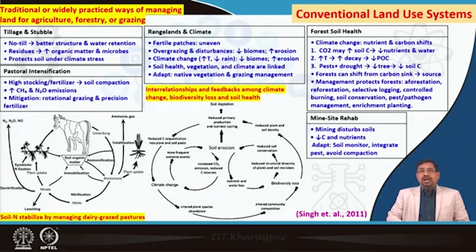The forest soil health: the forest can shift from carbon sink to source because of disturbance, fire, and many other events. But the various management solutions to protect the forest are afforestation, reforestation, selective logging, controlled burning, soil conservation, pest and pathogen management, and enrichment of the plantations.